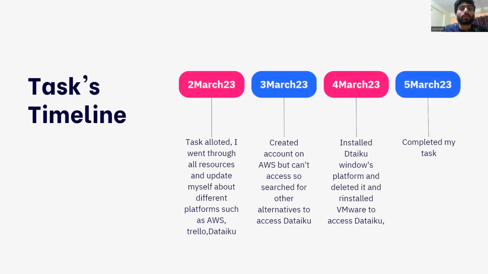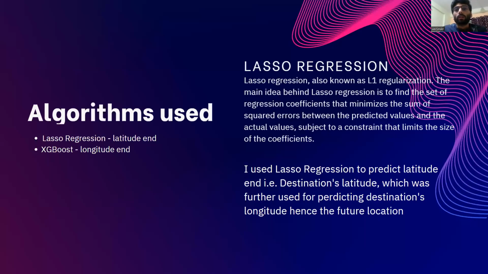So the task was provided to me on the 2nd March. This is my task timeline. On the 3rd and 4th, I prepared my task, and on the 5th, I completed it. What I did in this task is I needed to predict the future location of the person.